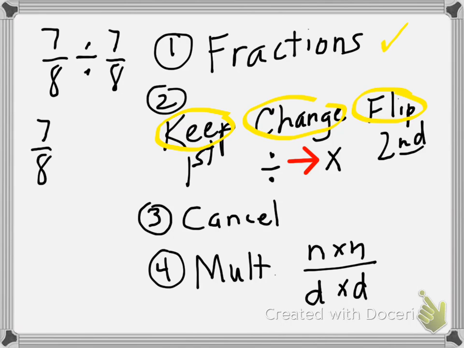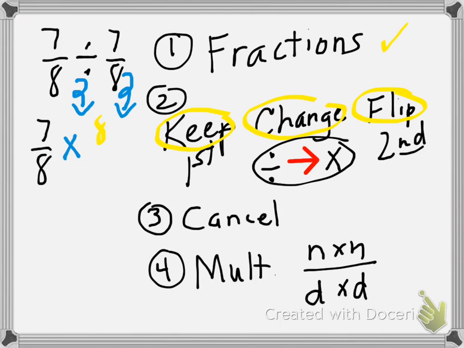We're going to change our division into multiplication. So we're now going to make this into multiply. And if we change one thing, we have to change something else. So we're going to end up flipping the next fraction and making it 8/7.